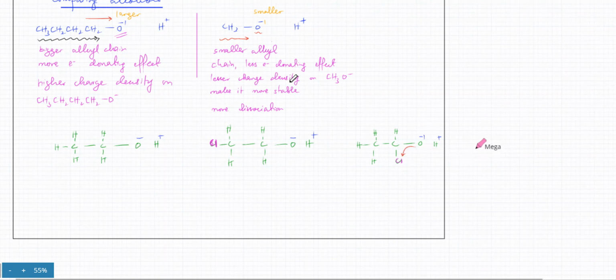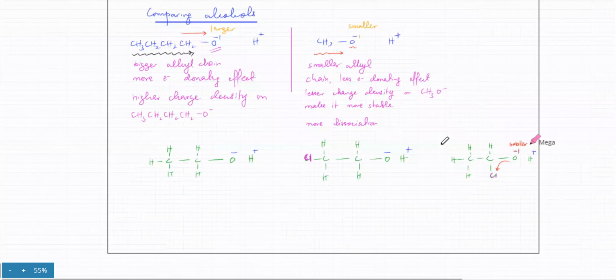The Cl has an electron withdrawing effect. Okay, Cl is going to withdraw electrons. So the negative charge over here, -1, is going to be smaller. And if it's smaller, it would not attract the H+1. So the H+1 would break away and go away.